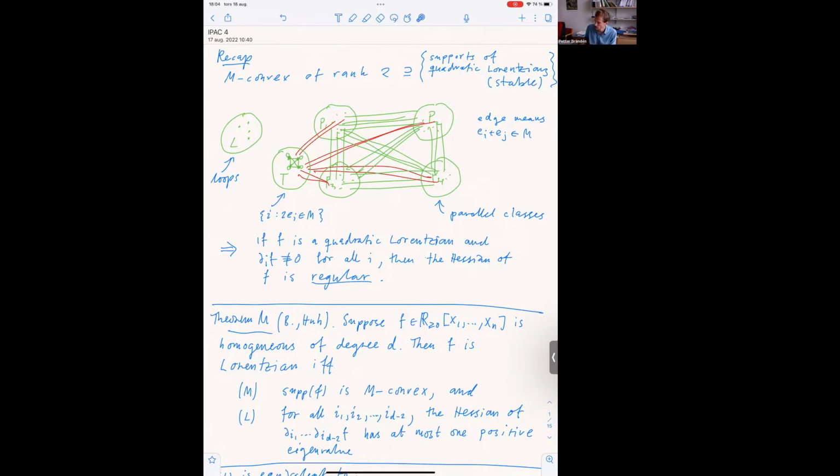From this picture, it's evident that if the derivatives are non-zero, this means that we have no loops. But then we can go from any vertex here to any other vertex in this graph, or we could go directly here, or from here to there. So it's obvious from the support being M-convex that the Hessians are regular, and this we'll use later.